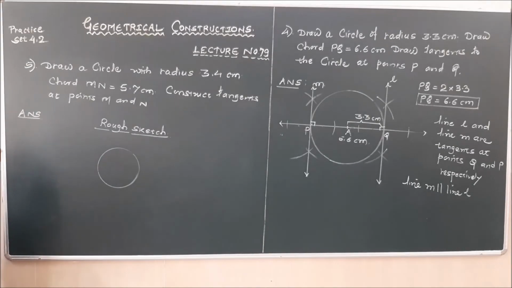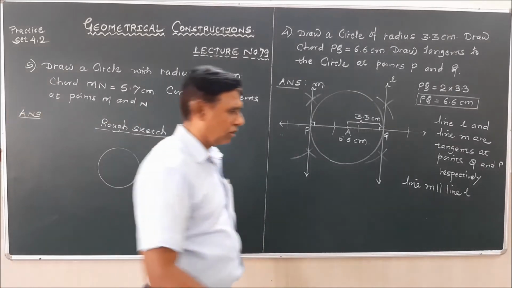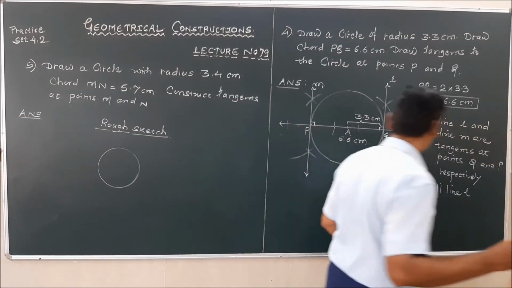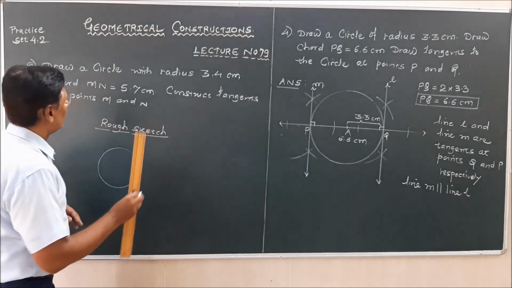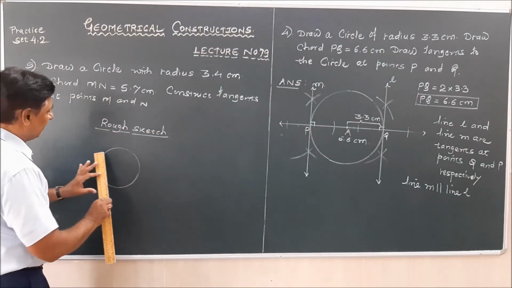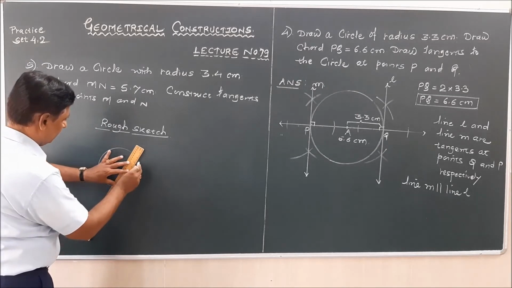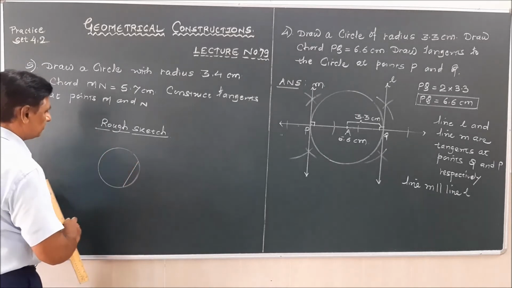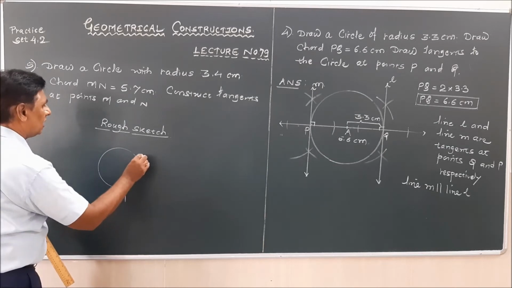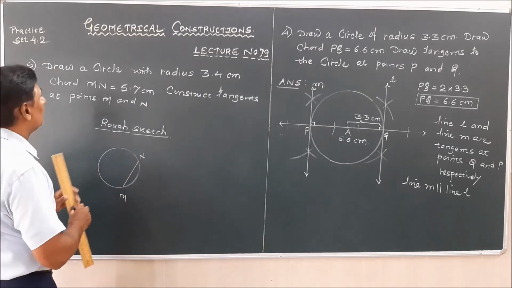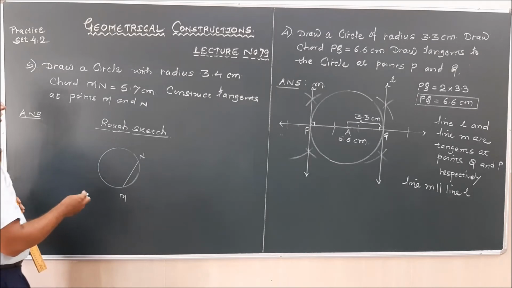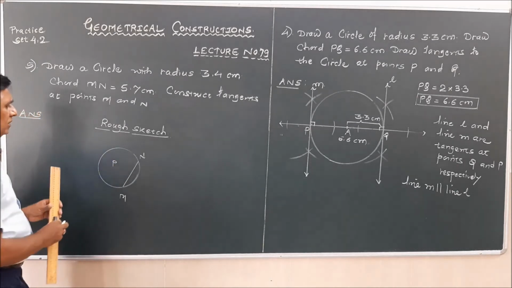Next to that, draw a chord. Supposing chord MN is 5.7. So this is M, N, and it is 5.7. The center of the circle is not mentioned, take it as P.